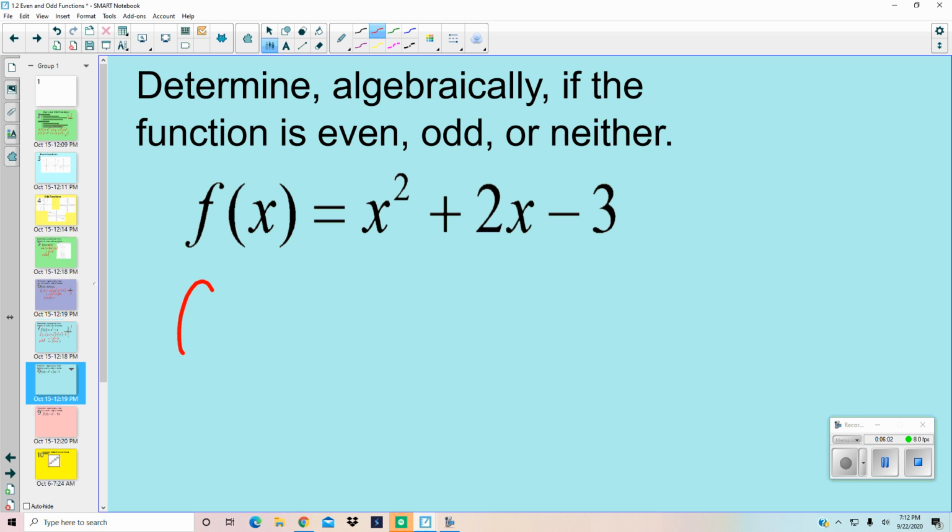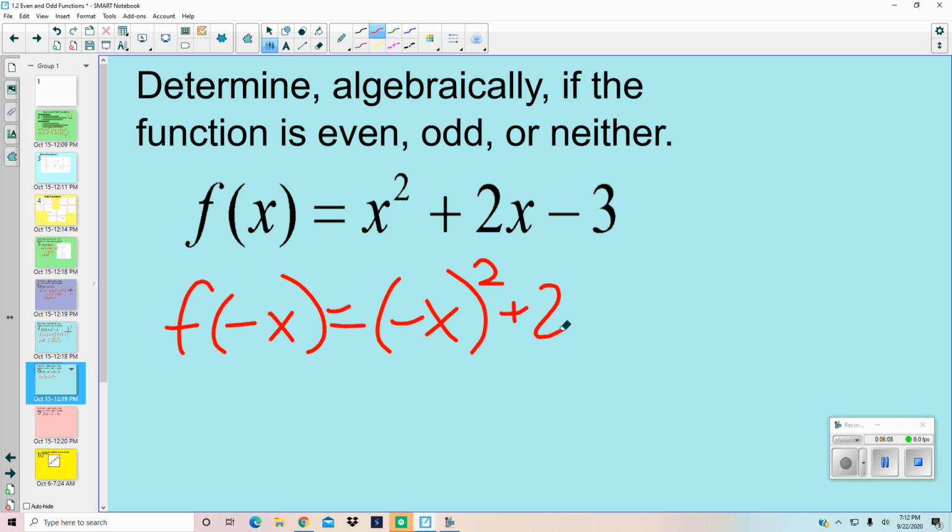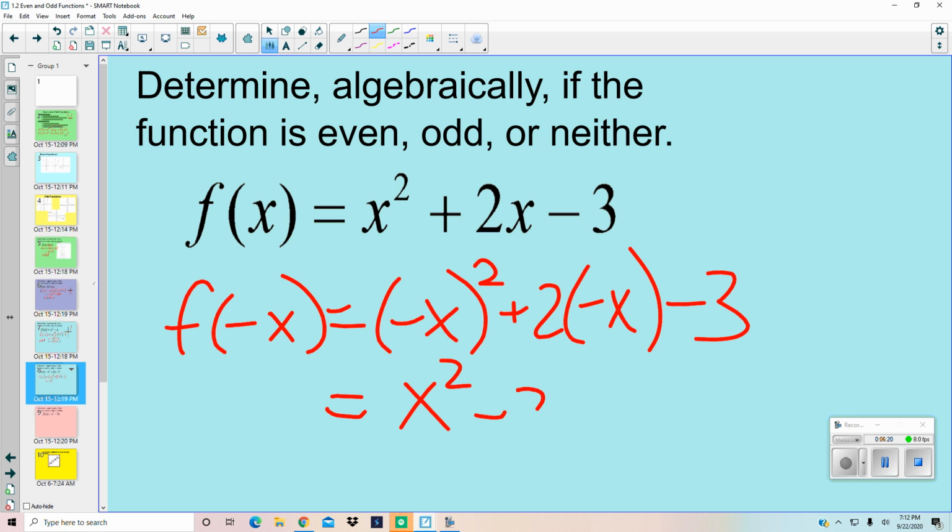Here's another one. Plug in negative x. You get negative x squared plus 2 times negative x minus 3. I either have to get what I started with or the opposite of what I started with for it to be even or odd. So this is going to give me x squared. This is going to give me negative 2x, and this is going to give me minus 3.